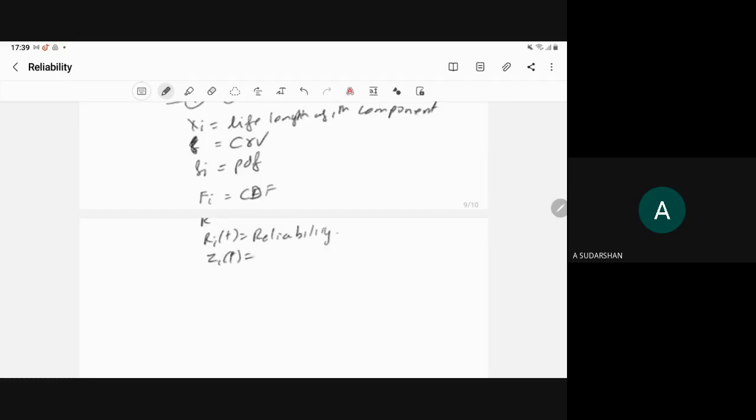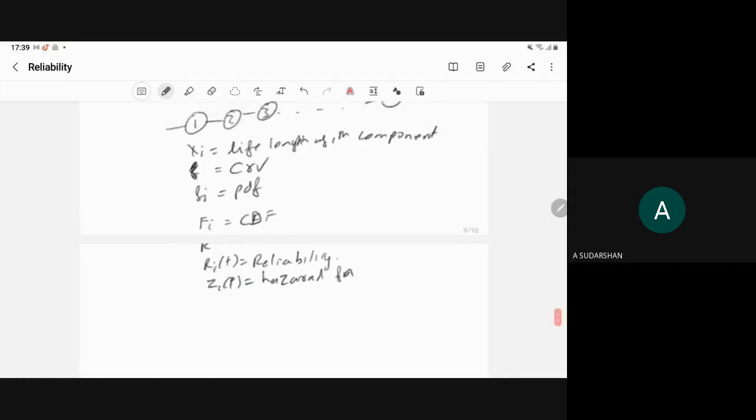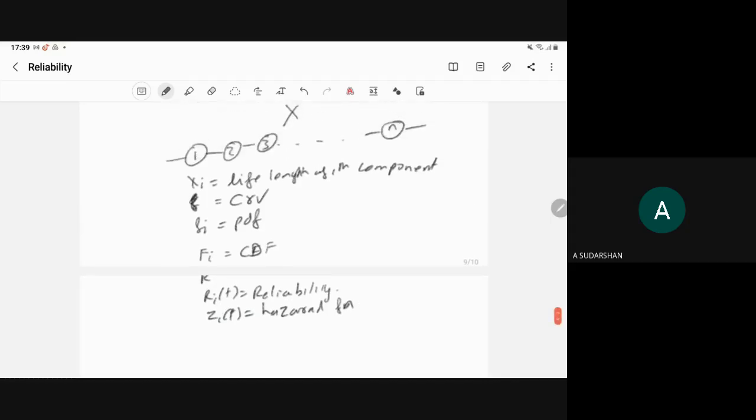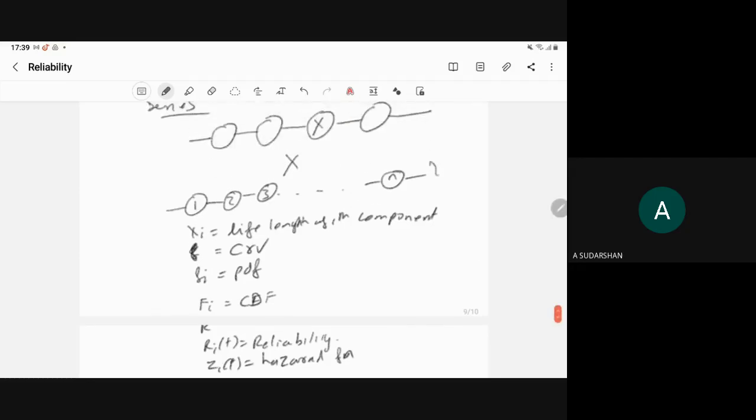Zi(t) denotes the failure rate, the hazard rate function of the ith component. So Xi, fi, capital Fi, Ri, Zi, we are defining for the ith component.